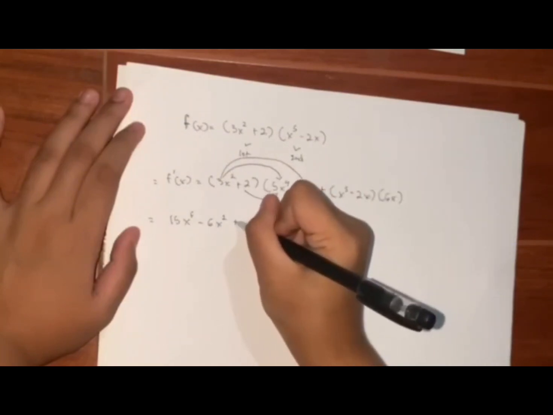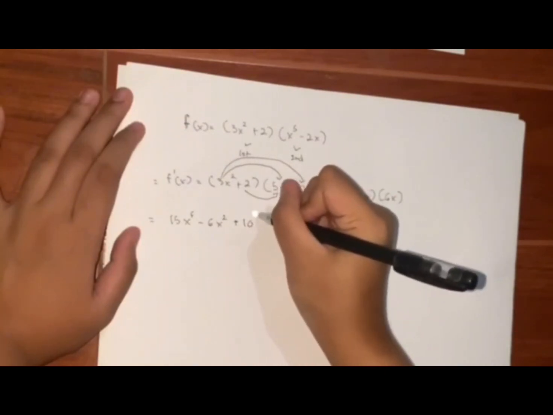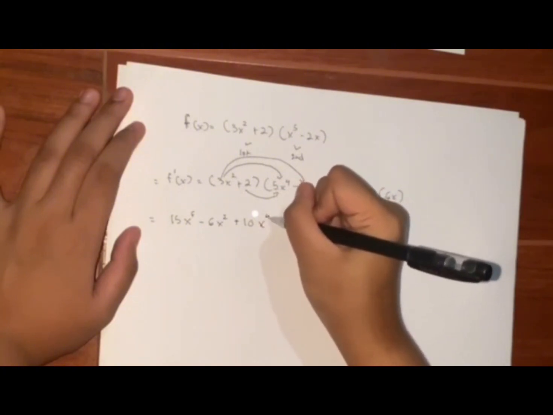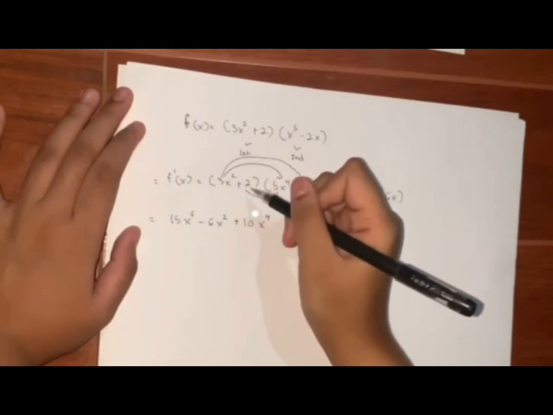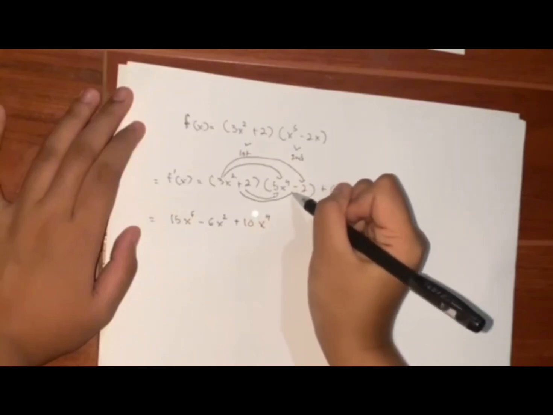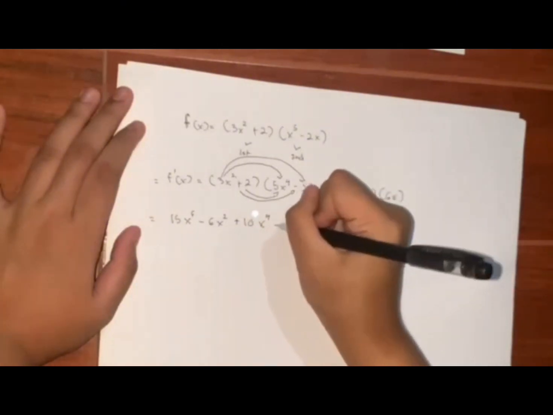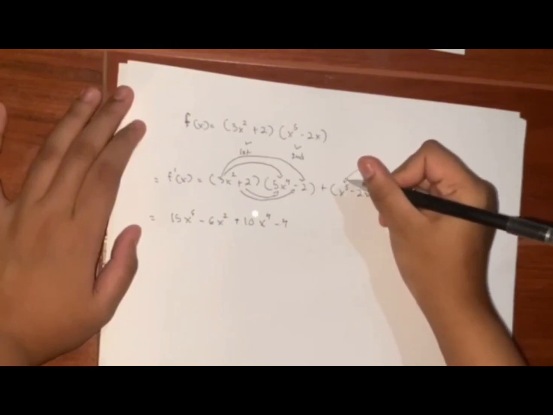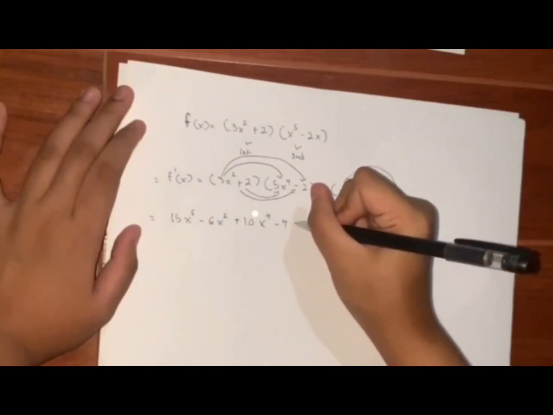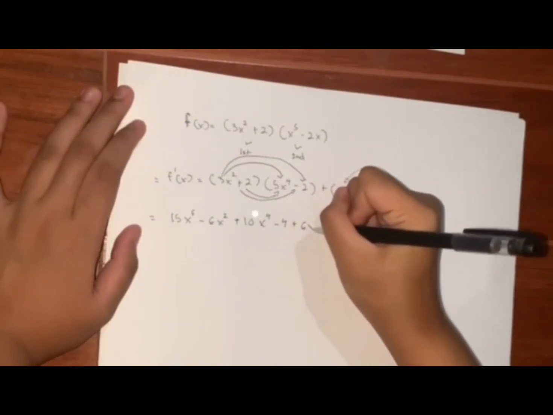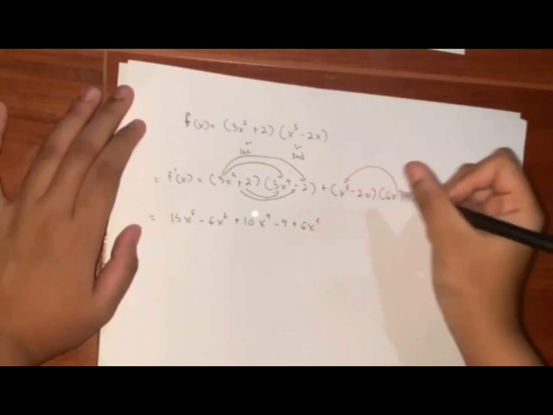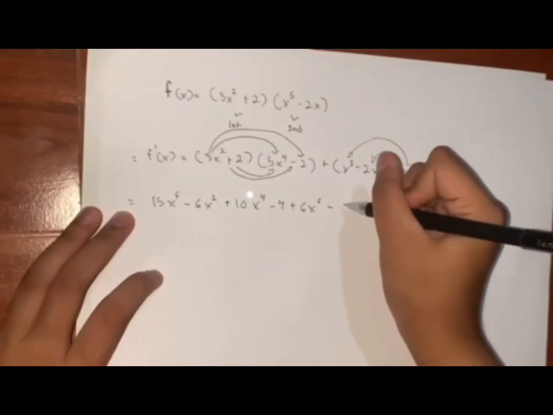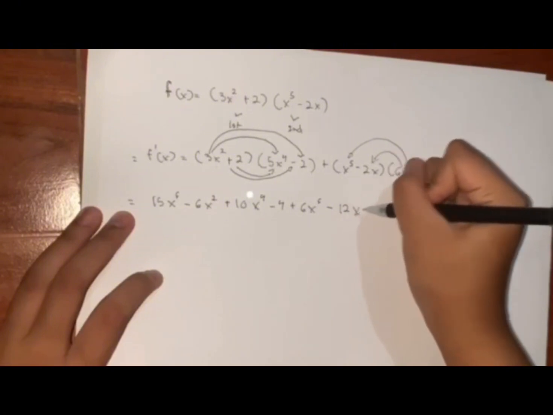And then we have plus 10x to the fourth minus 4 and 6x to the sixth minus 12x squared.